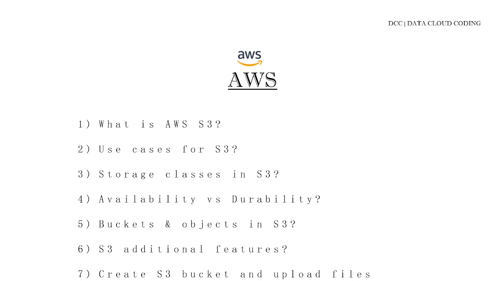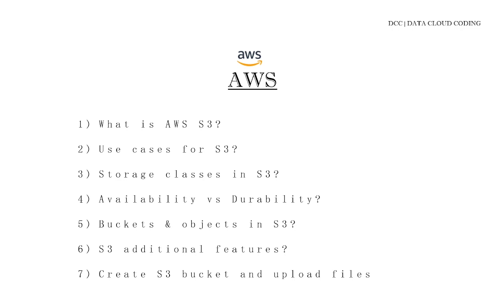We have seen what are buckets and objects in S3. We have also seen a few additional features of S3 like transfer acceleration, requester pays feature, events inside of S3. And for the hands-on part, we have seen how we can create an S3 bucket and how we can upload files inside of my S3 bucket.